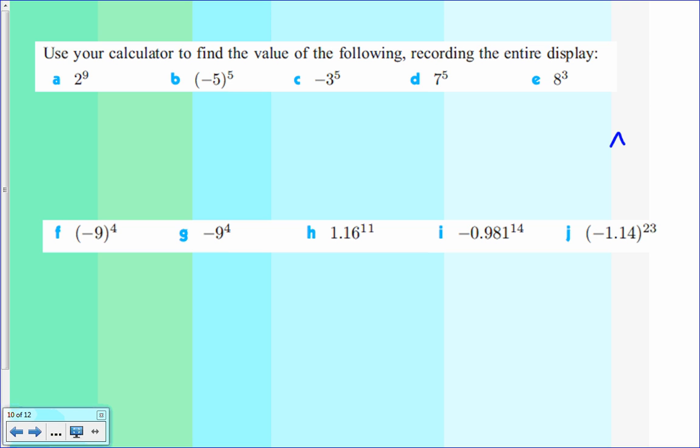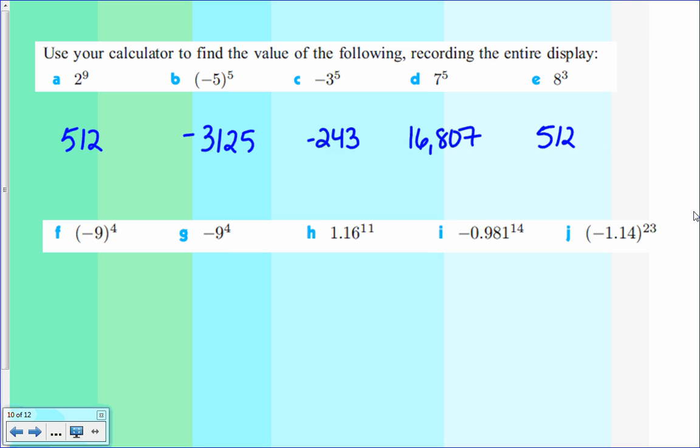And welcome back. 512, negative 3125, negative 243, 16,807, 512. I'll erase this. And this one, 6,561, negative 6,561. And here we get a lot of decimal values.